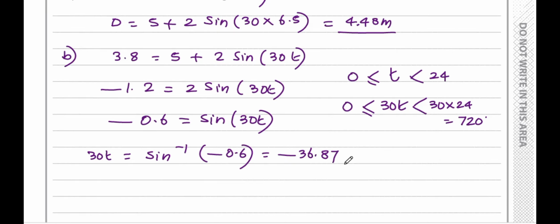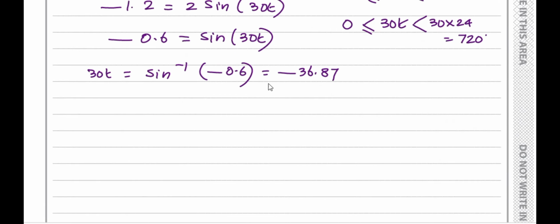Now second point to discuss here is never sort this out without drawing the 4-quadrant diagram, because then only we will be able to identify all the angles. So sine of an angle is negative. Sine 30t is minus 0.6. So there is no way that the angle will be in the first 2 quadrants. It has to be only in the third or in the fourth.